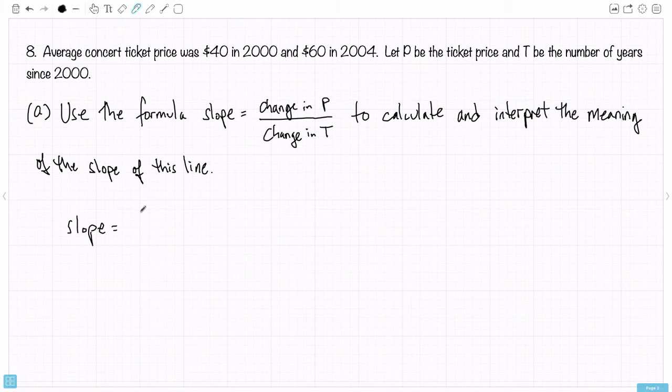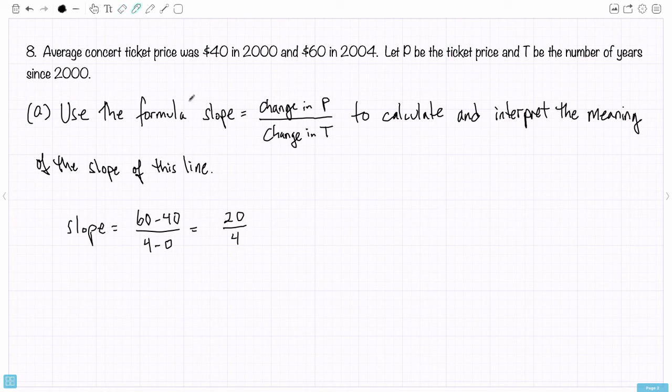It's the change in the price. 60 minus 40, that's a $20 increase over 4 years. You could say from 2004 to the start, which is 2000, or 2004 minus 2000, it's the same thing. You're going to have 4 on the bottom. So you really have a $20 increase in 4 years.